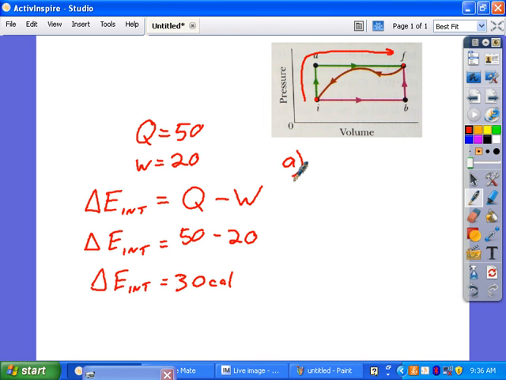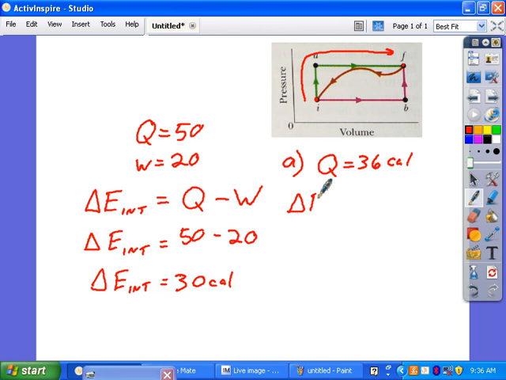On part A, it tells you that if you go along path IBF, the heat is 36 joules. Alright, so, 36 calories, I apologize, 36 calories. Alright, so, I do know from I to F, my change in internal energy is 30 calories.